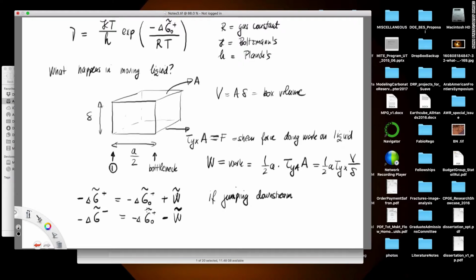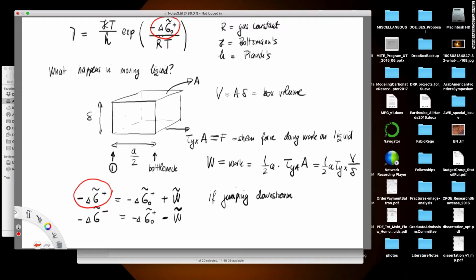Okay, so now if I'm going to use, instead of this original here, let me change colors. If I have this, I'm going to replace it with this to get the frequency of downstream jumps.